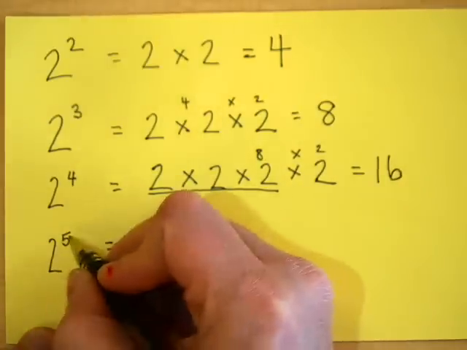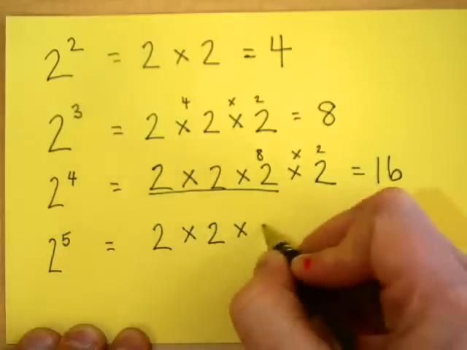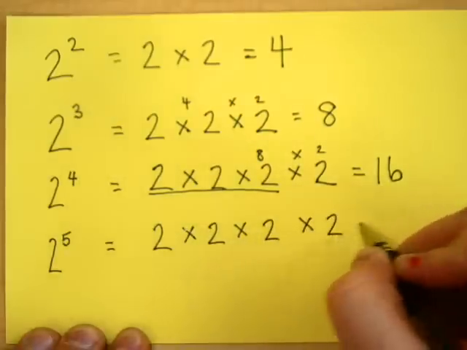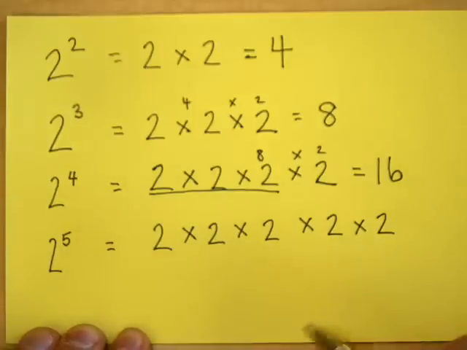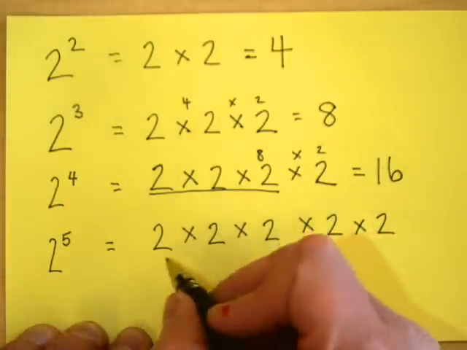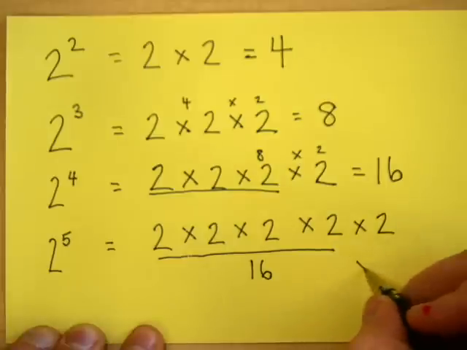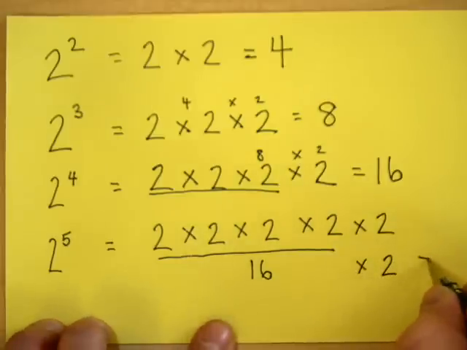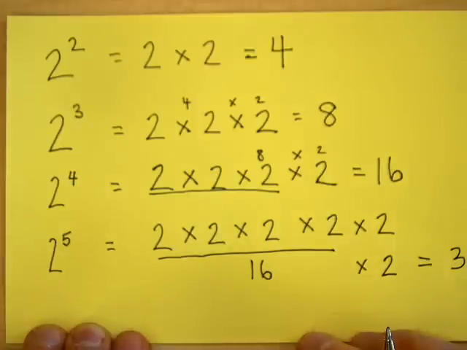And then 2 to the fifth, we have 2 times 2 times 2 times 2 times 2. That's 2 to the fifth power. We can't just add them together. We have to take 2 to the fourth power, right, which we know is 16, and multiply it by another 2, which equals 32. Does that make sense, guys?